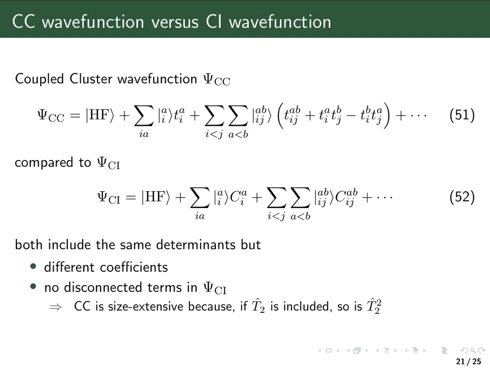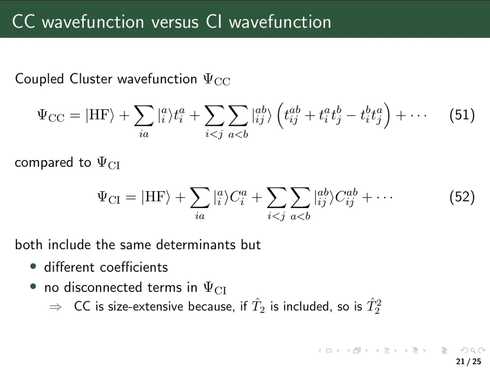Now remember, in the case of the configuration interaction wave function, I talked about the example of having two hydrogen molecules so far apart that they do not interact, and then calculating the energy of this non-interacting dimer with the configuration interaction singles doubles wave function, and comparing it with the energy calculated with the configuration interaction singles doubles wave function of the monomer.